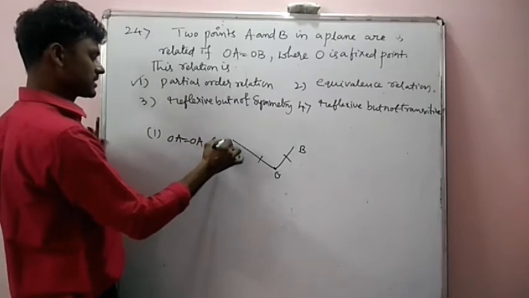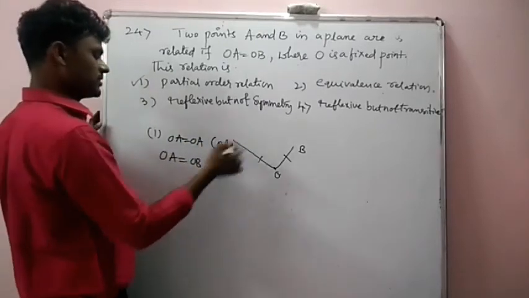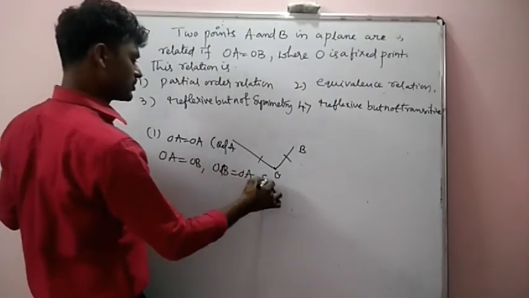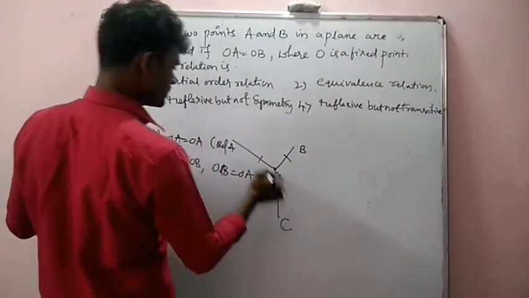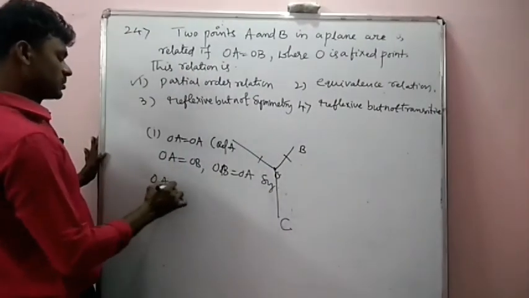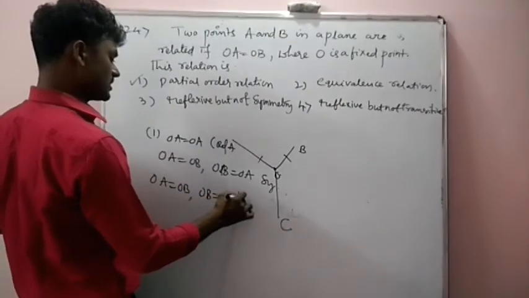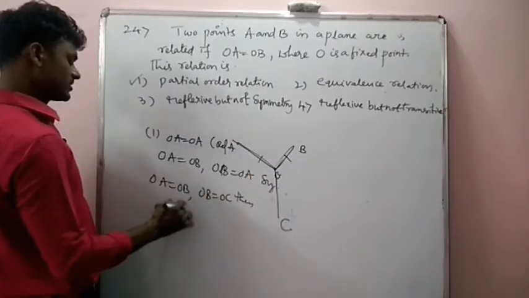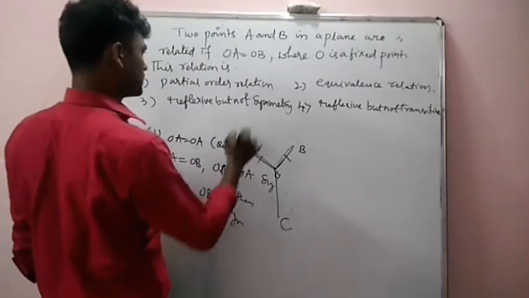Next, OA is equal to OB and OB is equal to OA, so symmetry is also possible. Next we take one more point, C. OA is equal to OB and OB is equal to OC, then OA is equal to OC is also possible. So this is transitive. Then this is an equivalence relation.